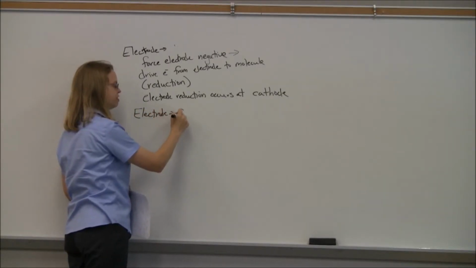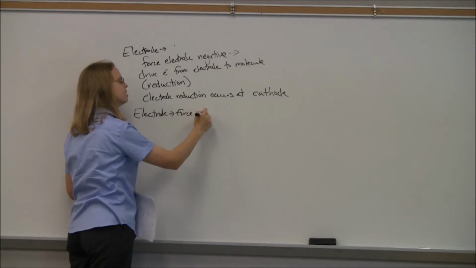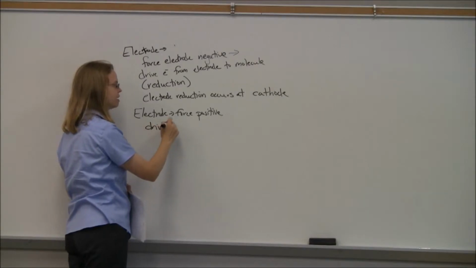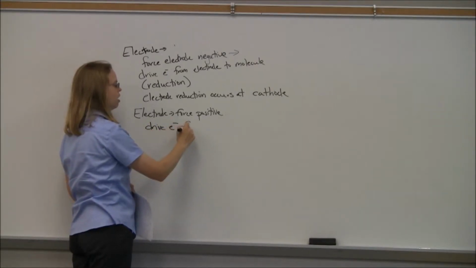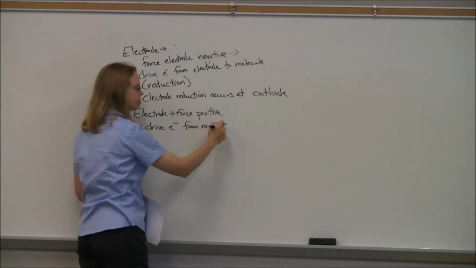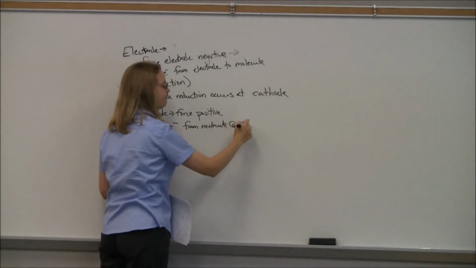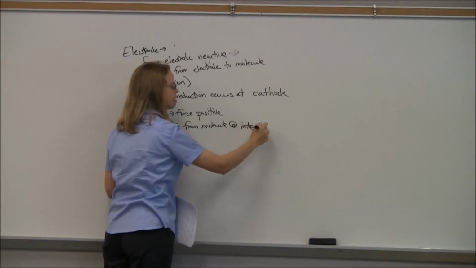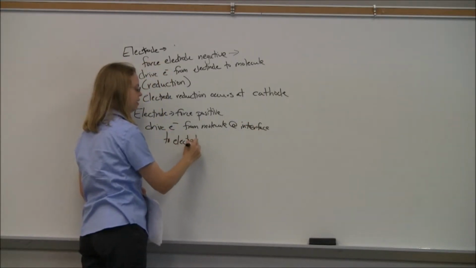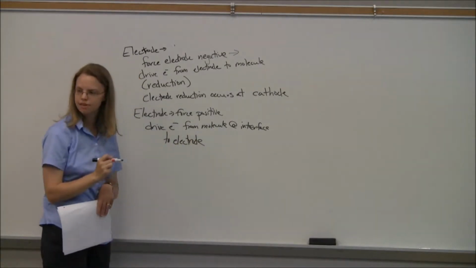Okay, so if we take an electrode and now force it positive, as it gets more positive, we might be able to drive an electron from a molecule at the interface to the electrode. That's the definition then.